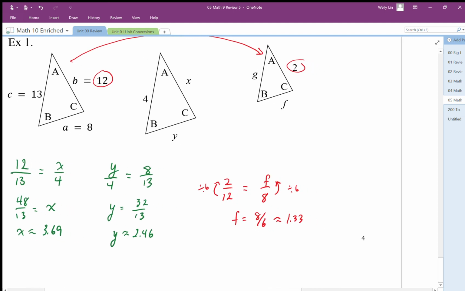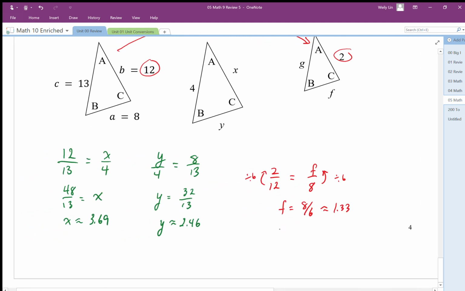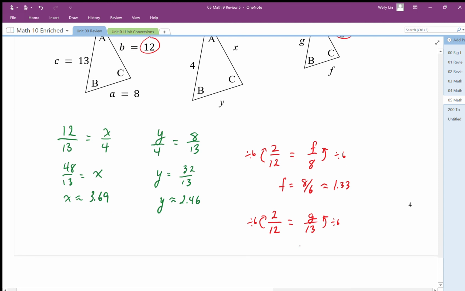Okay, and I'll do the same thing for g. I'm going to do my scale factor 2 to 12 is equal to g to 13. And there's a divide by 6 scale factor involved in this. Solving for g, g is going to be 13 over 6, which is approximately, so 13 divided by 6 is 2.16 repeating, so I'm going to round that to 2.17.